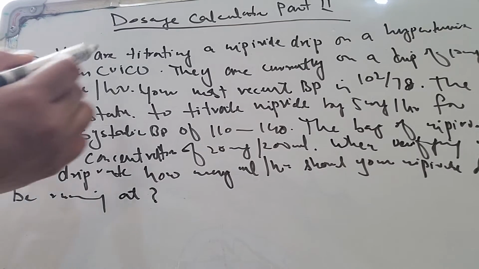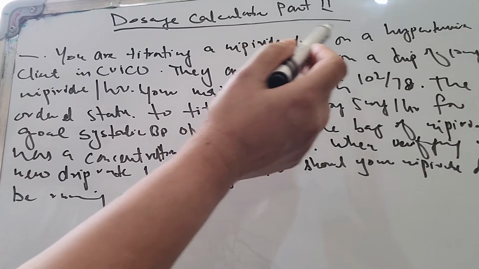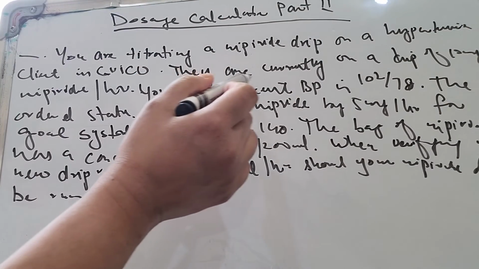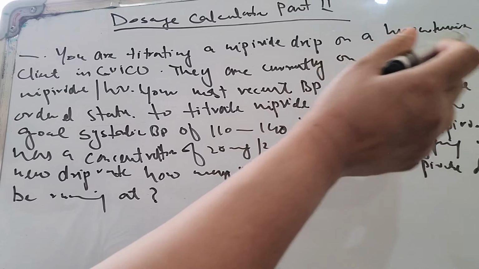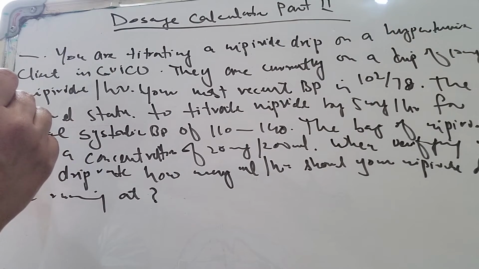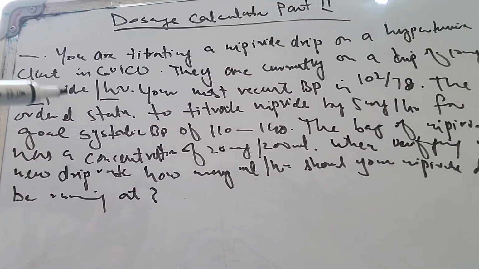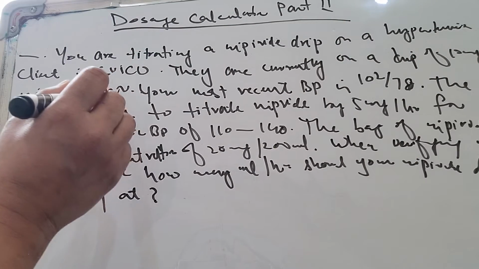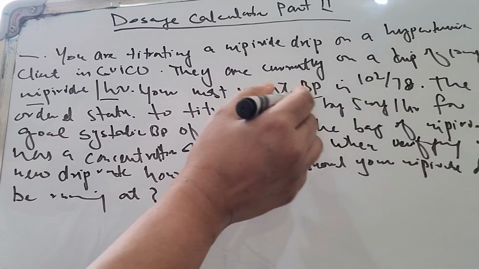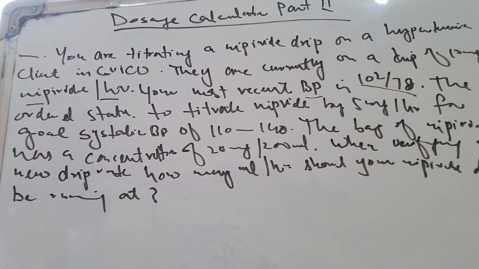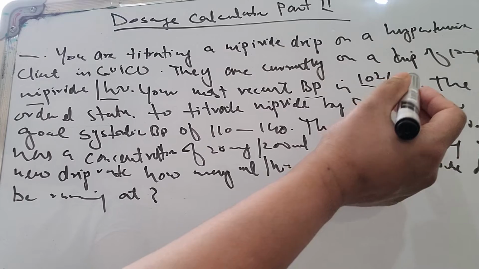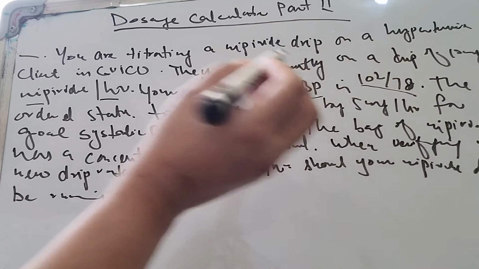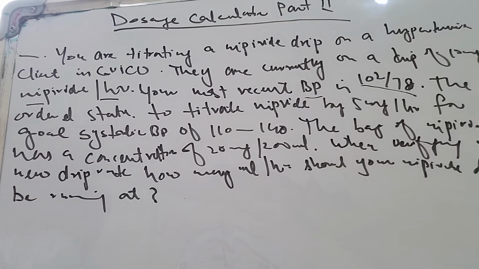So the question is, you are titrating a nipiride drip on a hypertensive client in CVICU. They are currently on a drip of 10 milligram nipiride per hour. Your most recent blood pressure is 102/78, but the doctor's goal is a systolic blood pressure of 110 to 140, and the patient's systolic is 102.